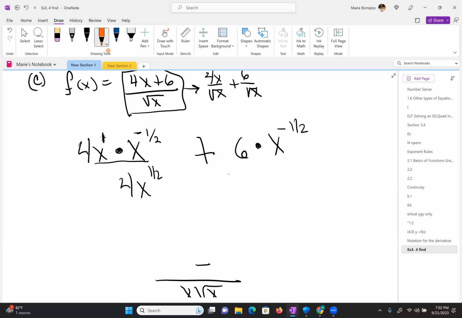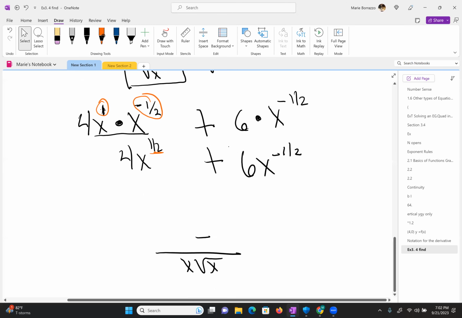Yeah. So I'm adding 1 minus 1/2, which is positive 1/2. Okay. Plus. Here, I only have 6x to the negative 1/2. At this point, I'm just going to rewrite it to not confuse you with the steps. All I've done is rewrite it. Do you understand that? Yes.